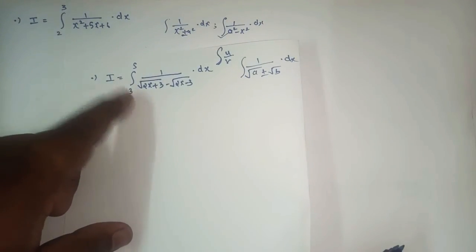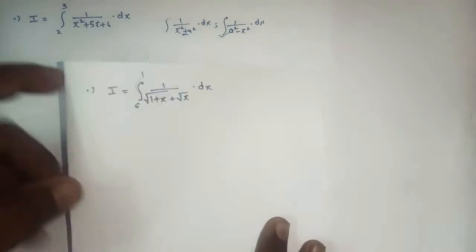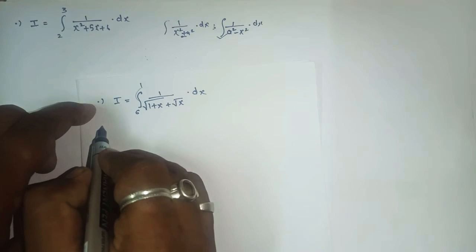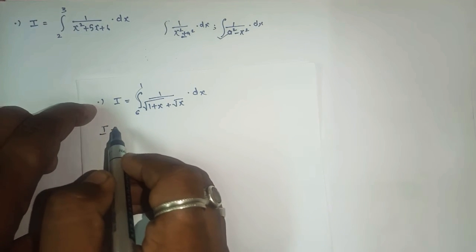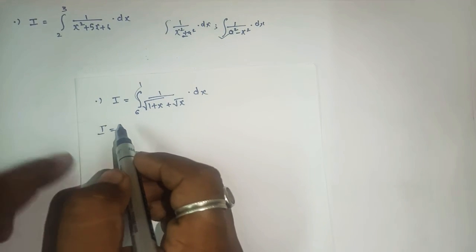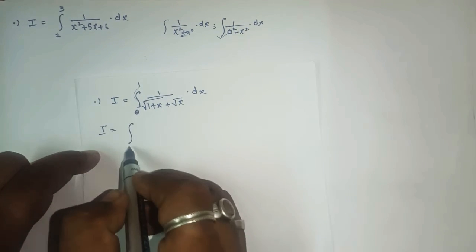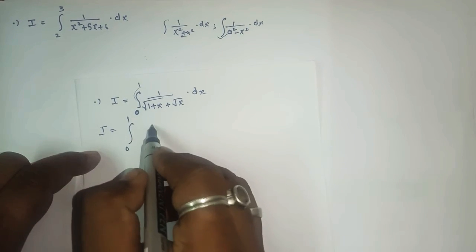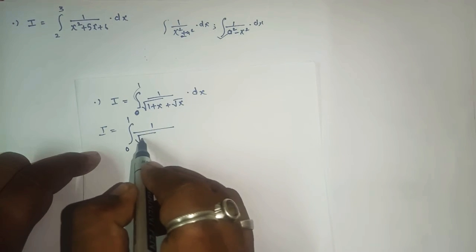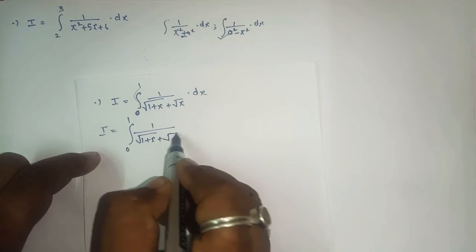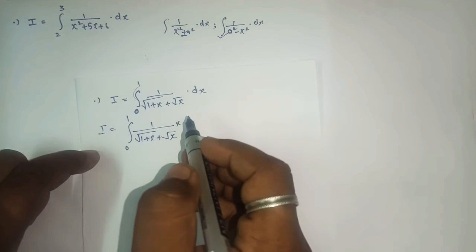So we'll take this sum, and please try the other sum by yourself. Here the first step will be to rationalize. Here actually it is integral 0 to 1 of 1 upon root 1 plus x plus root x, multiplied by the conjugate.